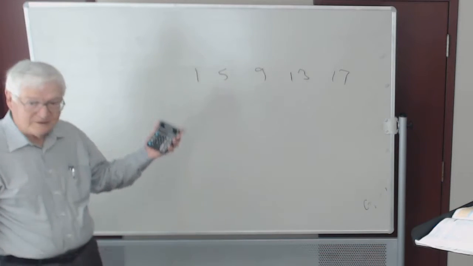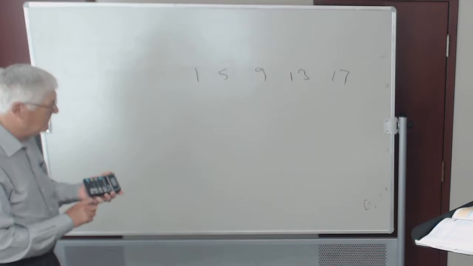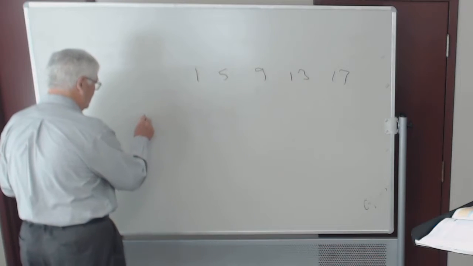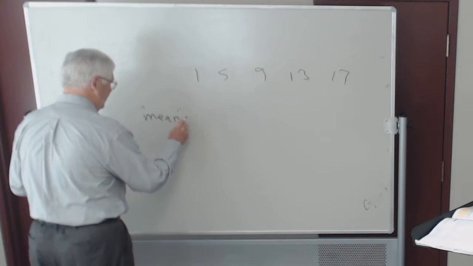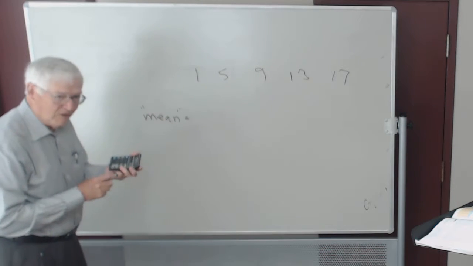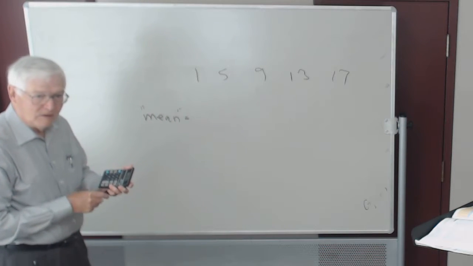Anyone know what to do to get the mean? It's the average one. And how do I average those? You add them all and divide them by 5.